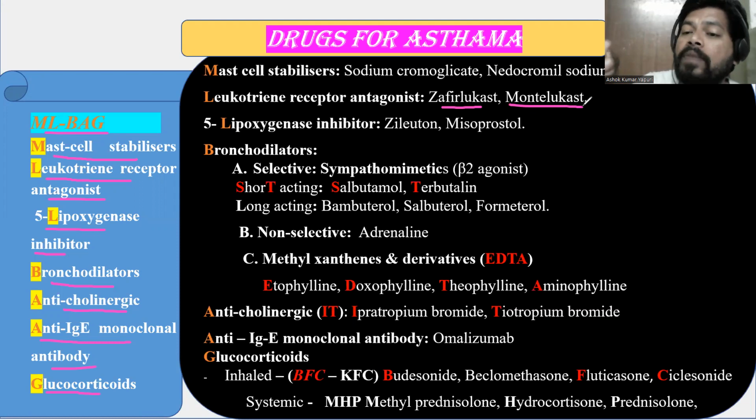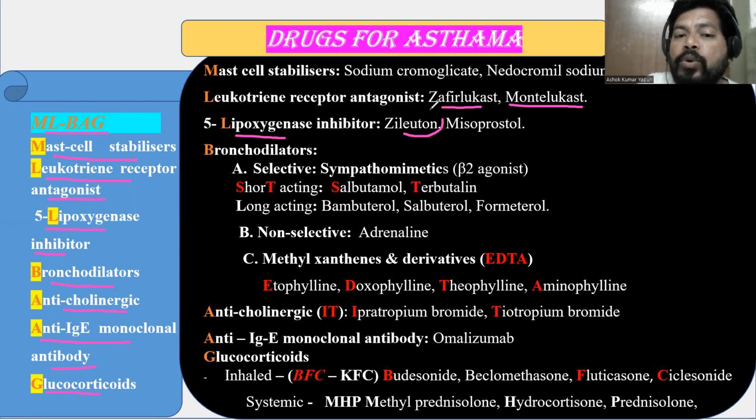Cysteine is one of the active amino acids in the leukotrienes. As you know, leukotrienes increase the bronchial smooth muscle contraction that leads to increased narrowing as well as inflammation in the lungs.